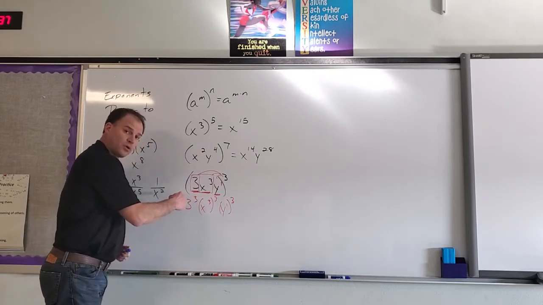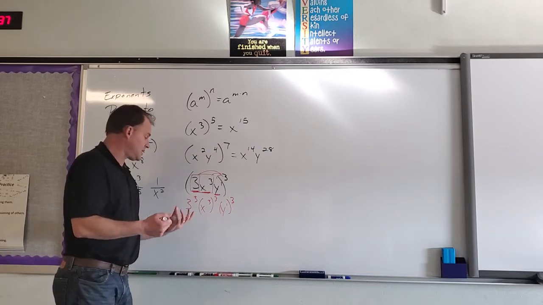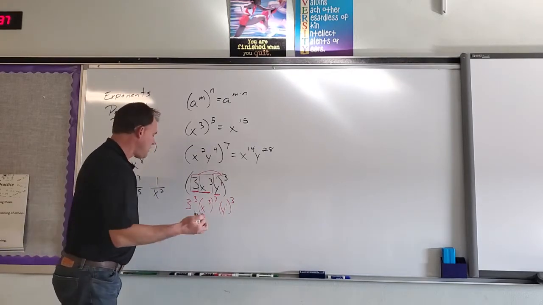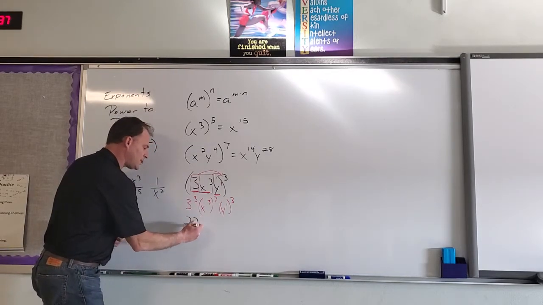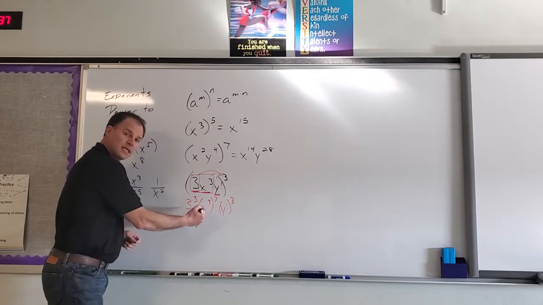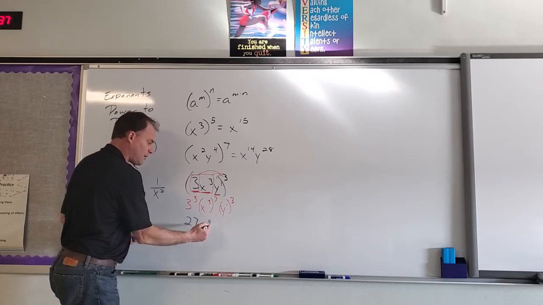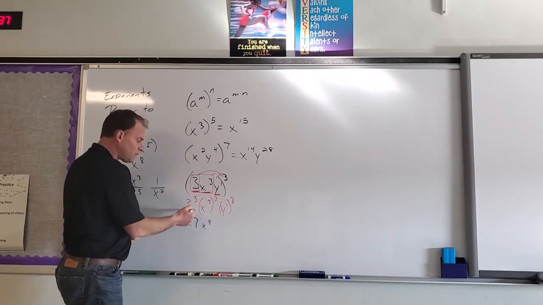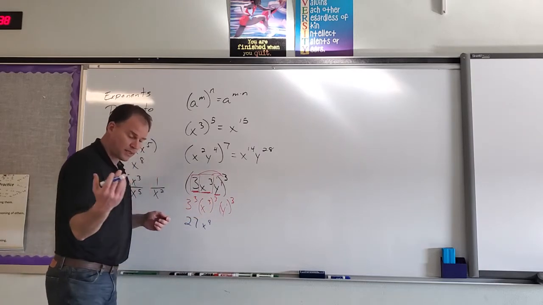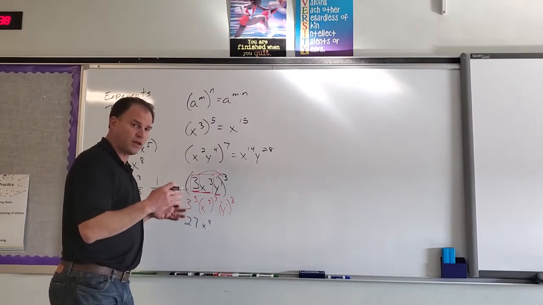That's just an exponent. Calculator's going to come in real handy, as these numbers might get big on you. But I have 3 to the 3rd power, that's 27. This is my exponent rule. Power to a power, I multiply the powers. So don't get confused about coefficients and exponents. We talked about this last week. They're very different things, follow very different rules.